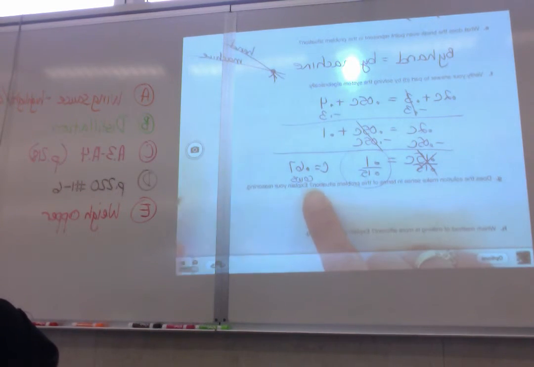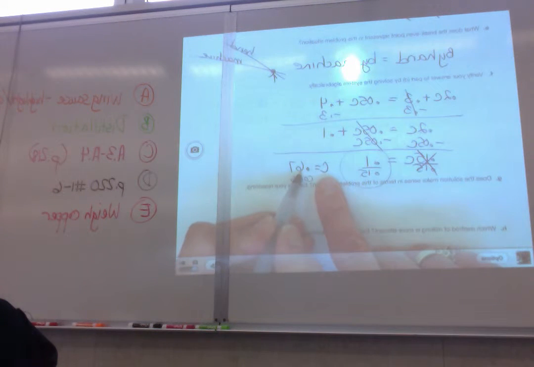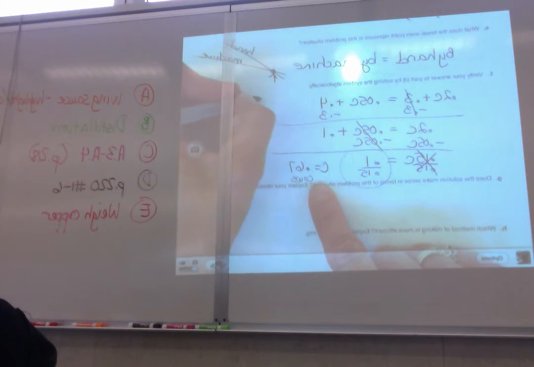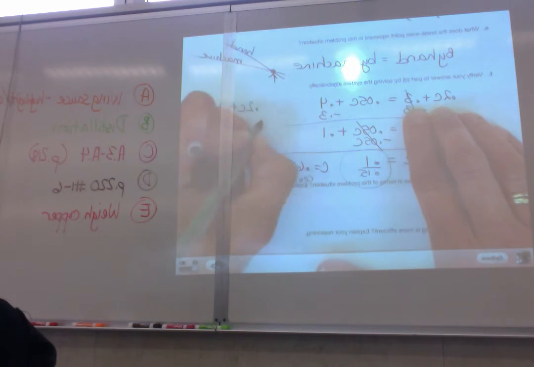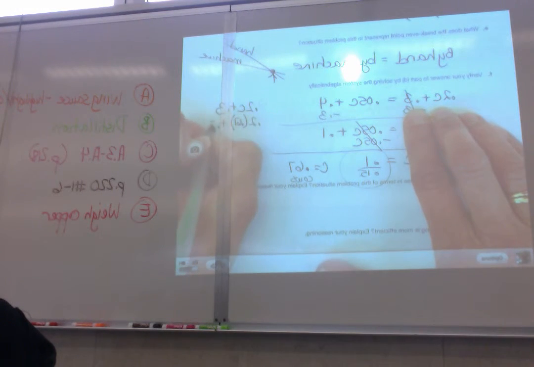We need to substitute that into one of the equations to find the amount of time also. So I'm going to do it into this equation. The time is 0.2C plus 0.3, so 0.2 times 0.67 plus 0.3.